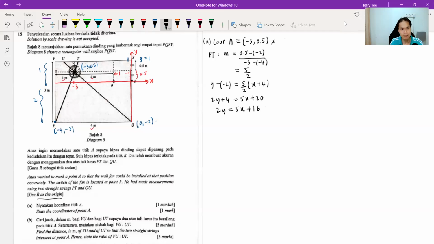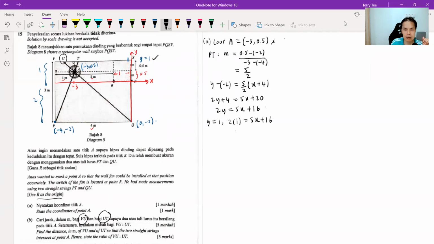Okay, remember, you're finding the distances VU and UT. Before you find the distances VU and UT, you need to find the coordinate of point U, right? U lies on the line y equals 1. So we put y equals 1, substitute inside, and find the x value.